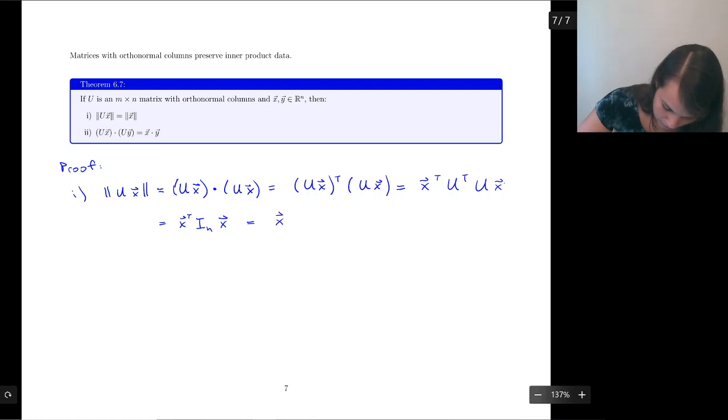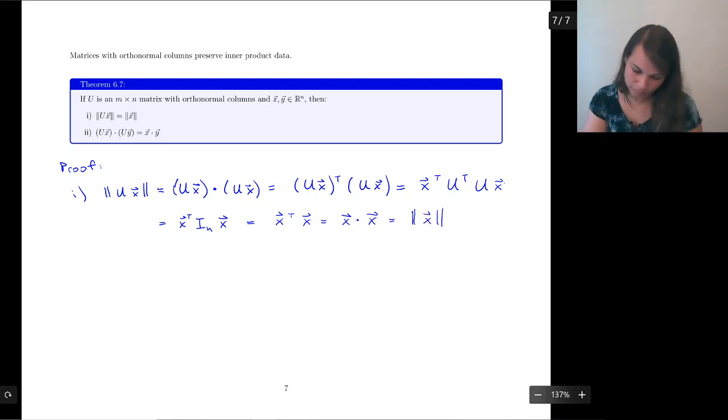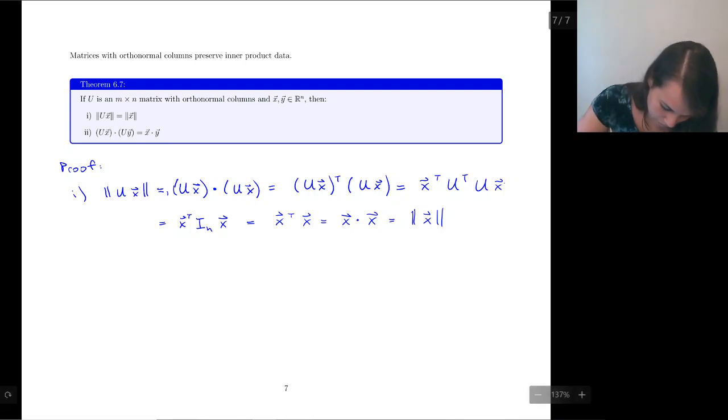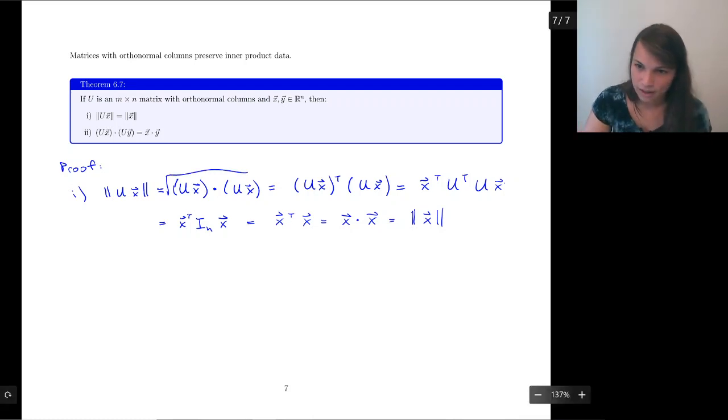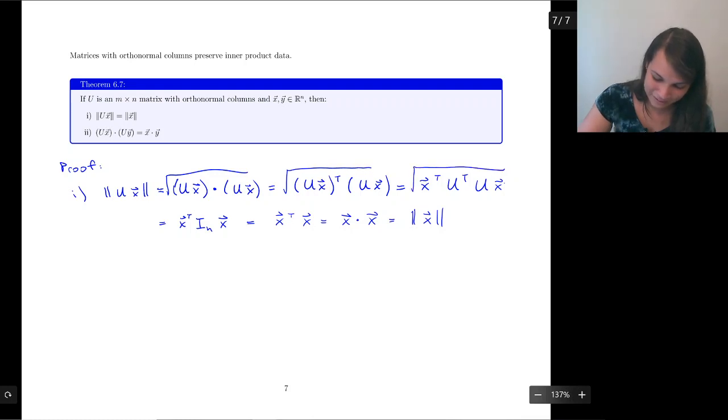And then the I matrix just goes away, which means we can write that as a dot product. But wait, that's just the norm. I messed this proof up. There should have been square roots on all these guys.